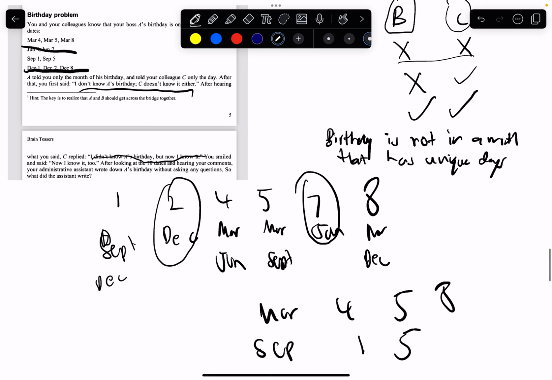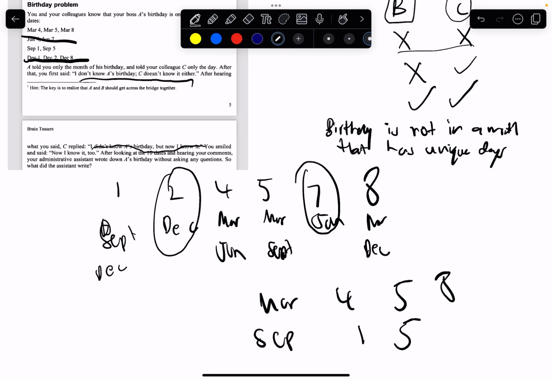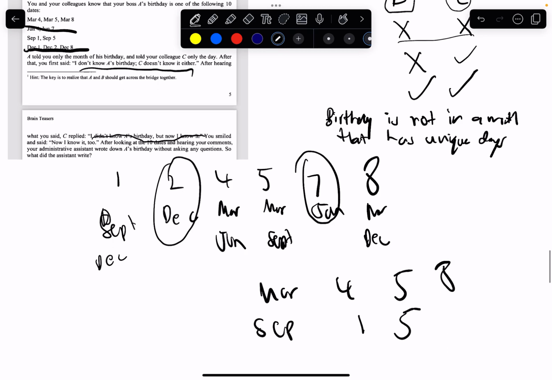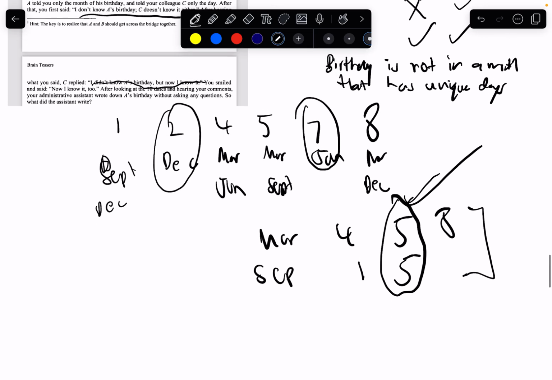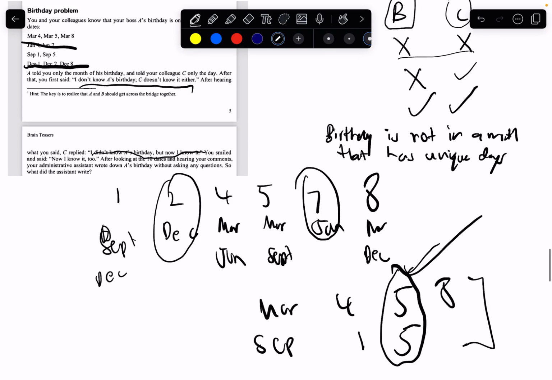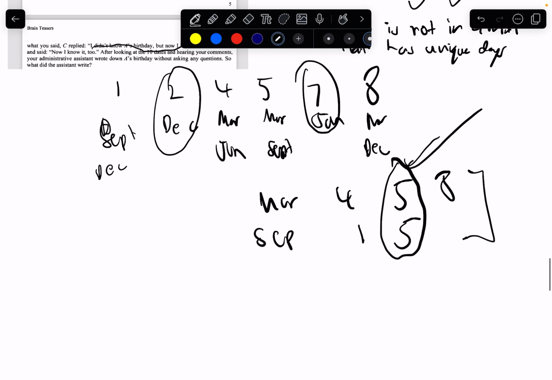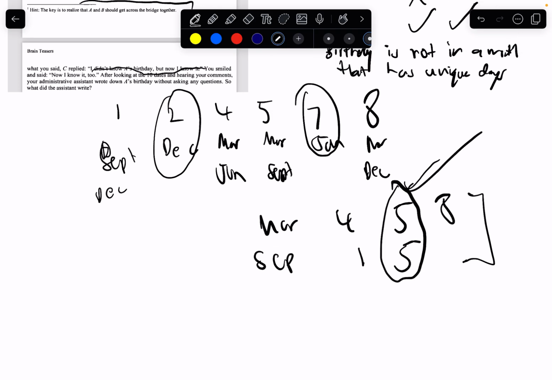Now that C has said this, B also realizes what the date is. So how does he do that? Well, these are the two months left, and you know for a fact that it can't be 5, because it's a common date. If it was 5, C would have said, "I still don't know the exact date." But because C says, "I know A's birthday now," it has to be one of these unique numbers.